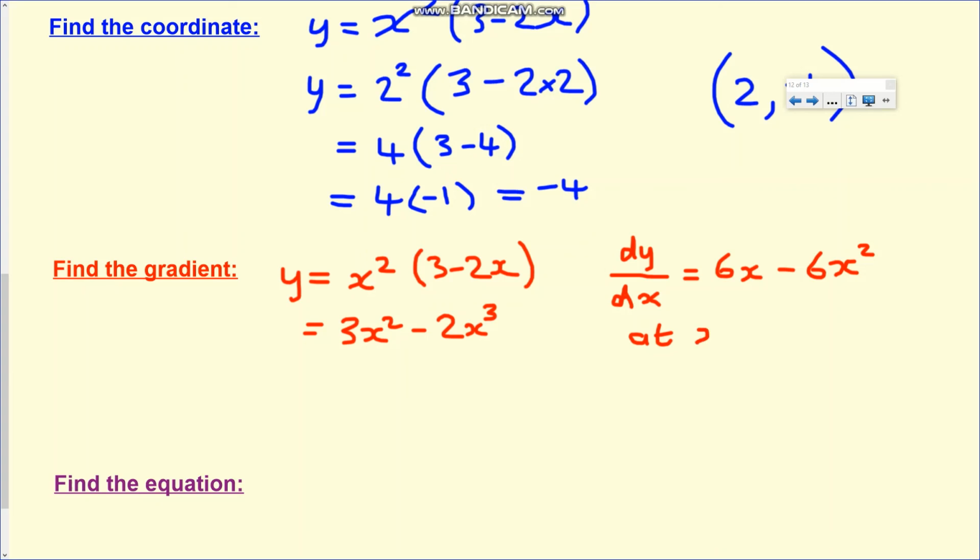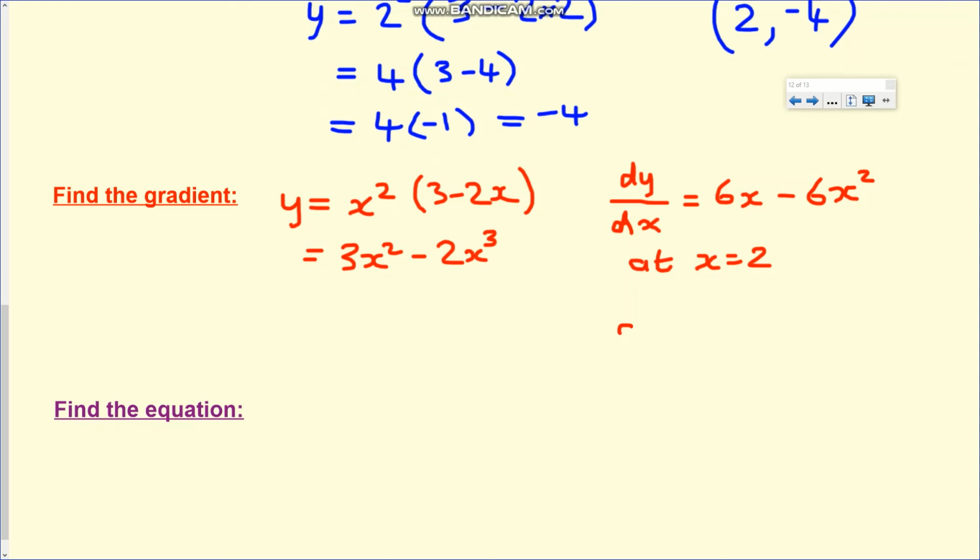So I'm going to write at x equals 2, dy by dx equals 6 times 2, take away 6 times 2 squared. That's going to be 12 minus 6 times 4, which is 24. So my gradient at this point is negative 12.